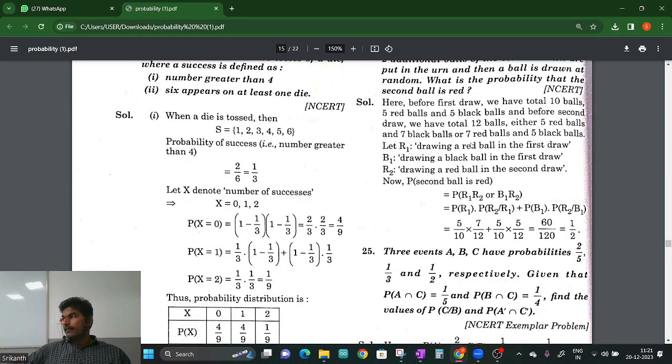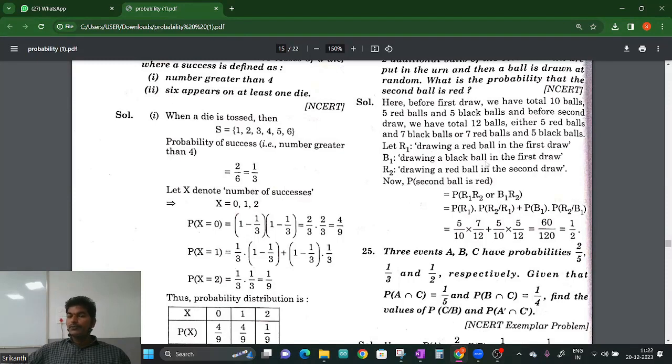You are drawing the first draw. If it was a red ball, two more red balls are added, somewhere you are getting two more red balls and dropping them into the urn.